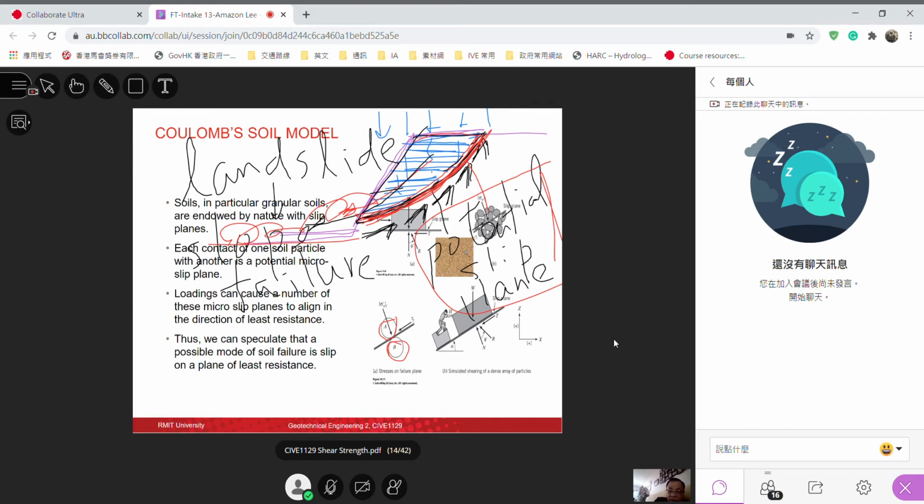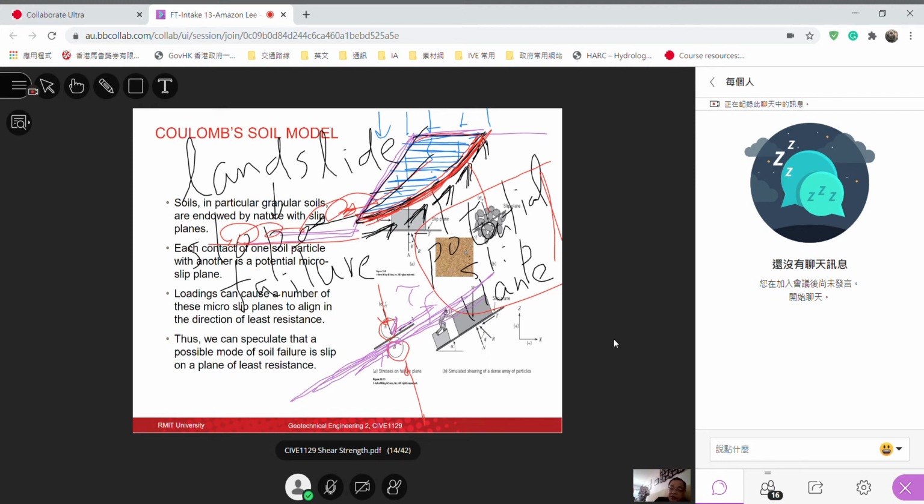Between them, we have a normal stress applied across the soil particles, and the shear resistance develops accordingly. How strong is this shear resistance? If the shear force is greater than the frictional resistance mobilized by the soil, then the soil will fail and slide, and cause this potential slip plane.